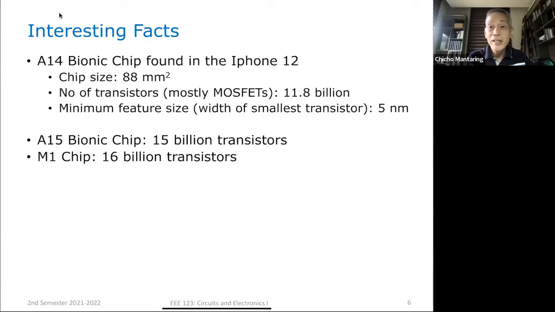So that's how small these transistors can be in integrated circuits. And if you take a look at the A15 chip, that is the chip that is now used in the iPhone 13, there are 15 billion transistors. And the M1 chip, that is the chip that is used in the latest MacBooks, there are 16 billion transistors. So that's how small these transistors can become.